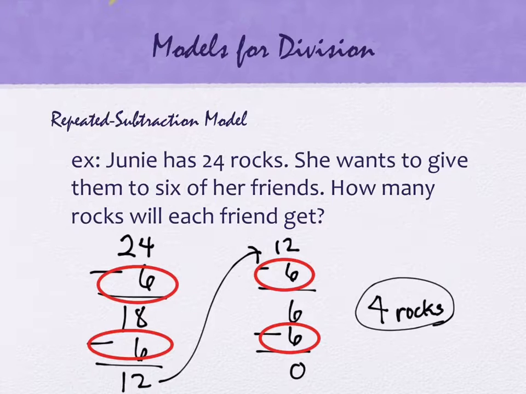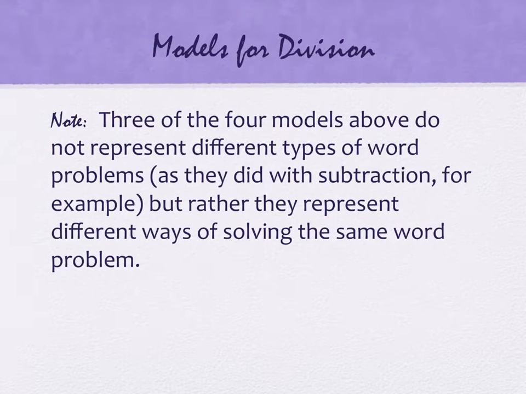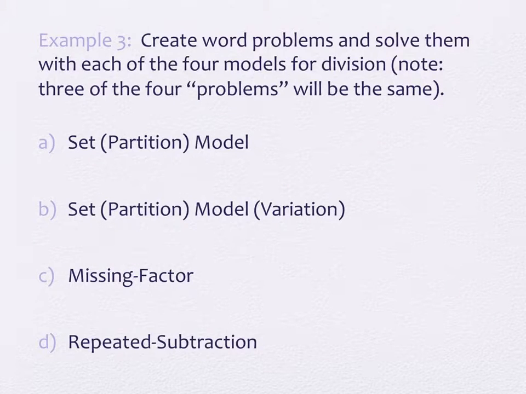So a note here. 3 of these 4 models above do not represent different types of word problems. That's what happened when we did multiplication and subtraction and addition. They all represented different types of problems. But instead, they represent different ways of solving a problem. All right? So in your groups, this is your next thing you're going to do, this is why you're in groups: you're going to create word problems and solve them with each of the 4 models.